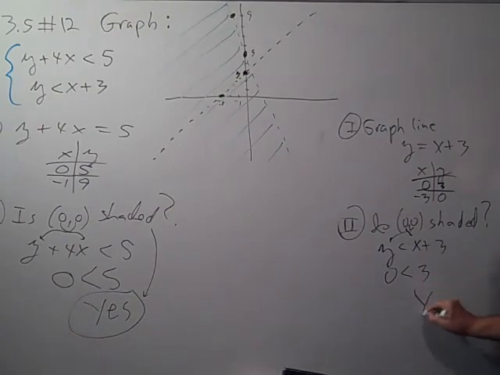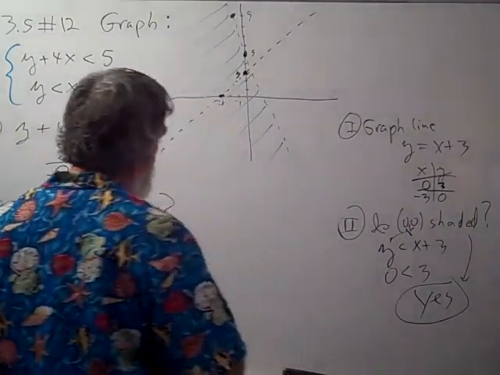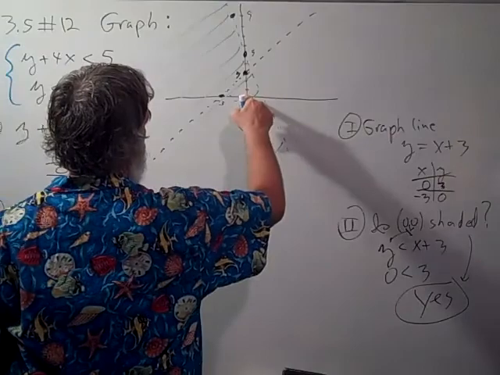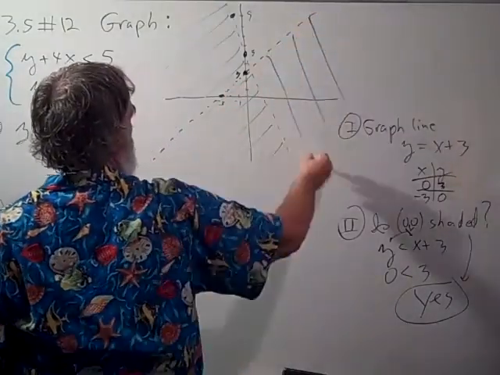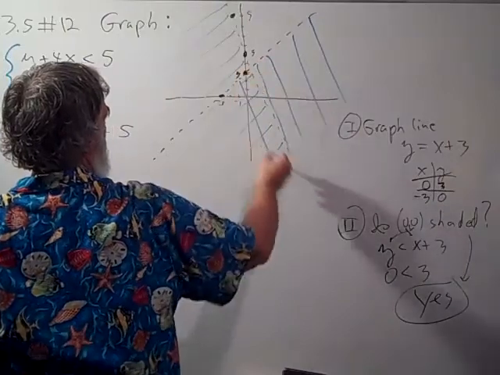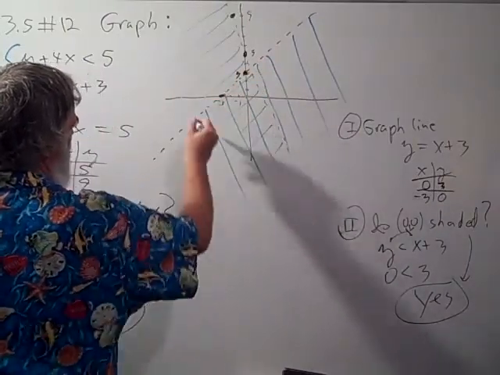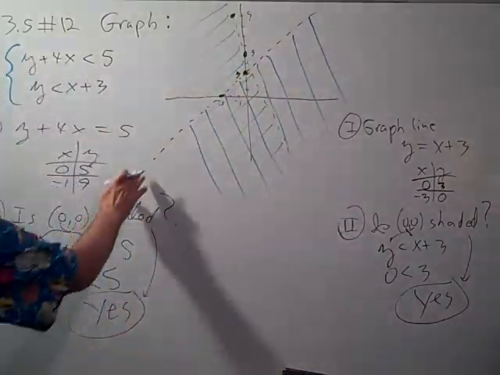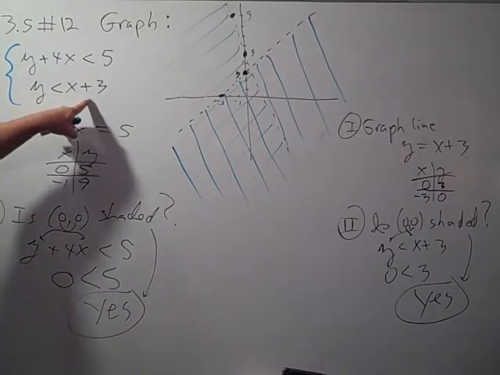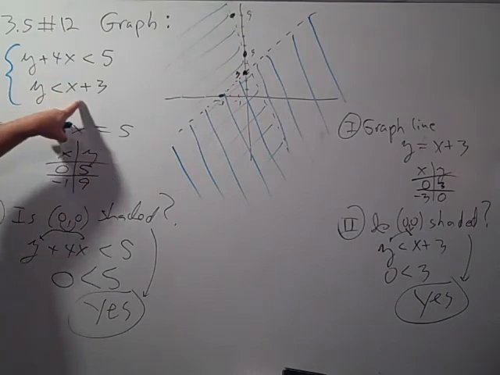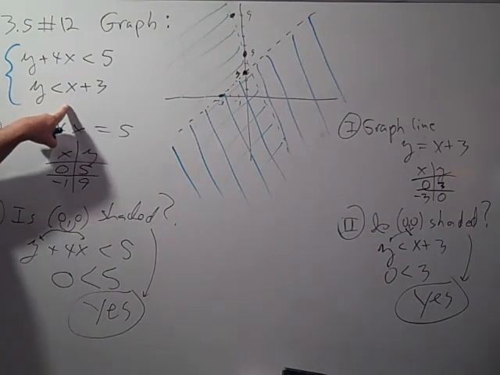And that's true. 0 is less than 3, so the origin is on the shady side of that line. Therefore, there's the origin, it's the downside. You could have also recognized this by realizing that this was in slope-intercept form, y equals x plus 3, and y is smaller than x plus 3 means it's below that line.